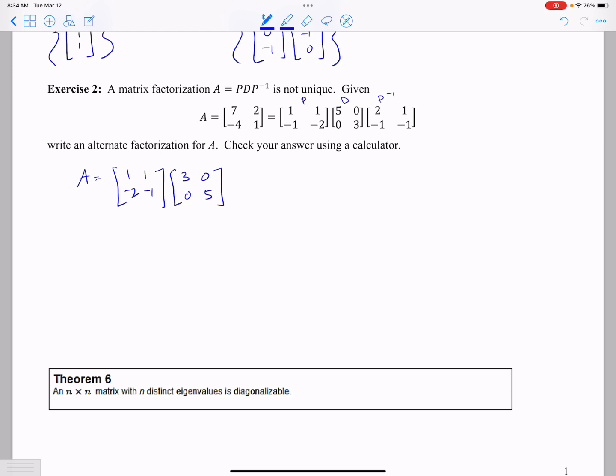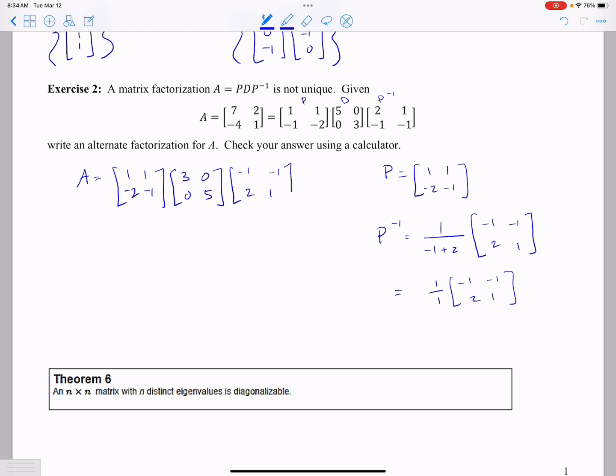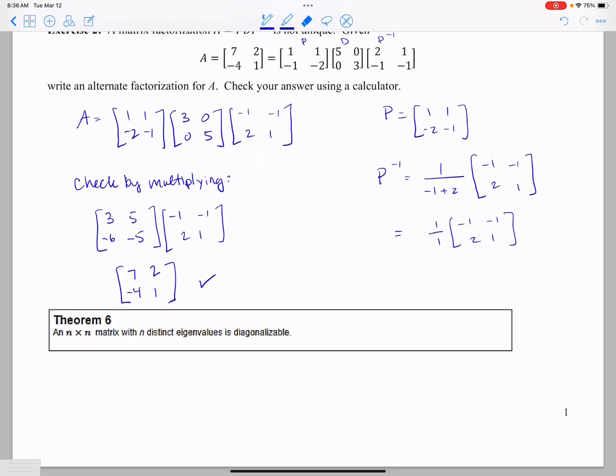I actually have to find the inverse of my new P. So here is an alternative factorization for A. You can always check your answer by multiplying them out and seeing that you actually do get that original matrix A.